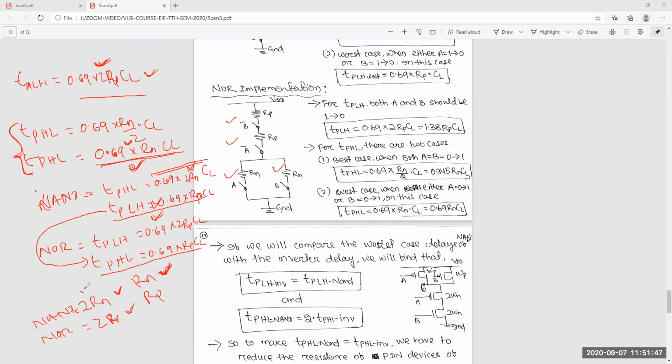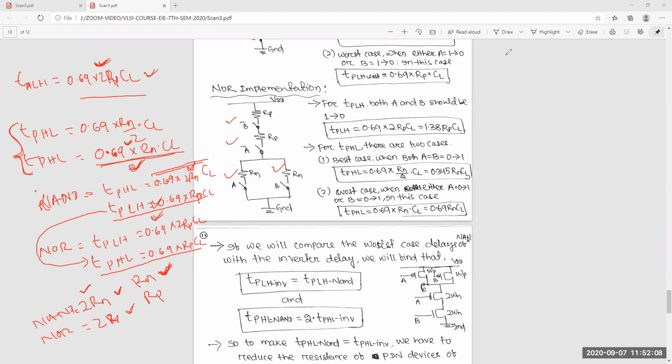If the resistance is double and we want to make it half, then W should increase 2 times.